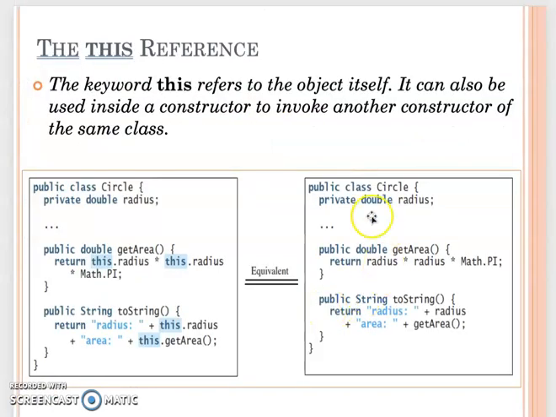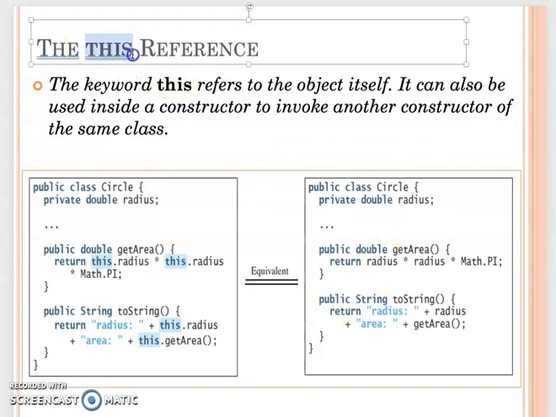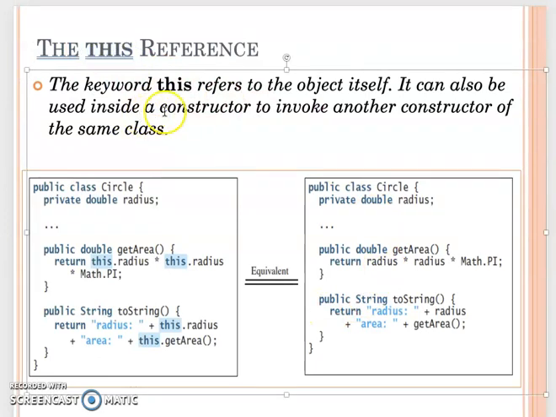Before we finish this video, let's continue to talk about this keyword. The this keyword refers to the object itself. It can also be used inside a constructor to invoke another constructor of the same class. So you can see here when we have the radius, when you do the get area, before we do radius times pi, you also can change it to this dot radius.